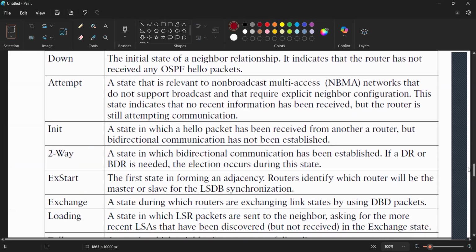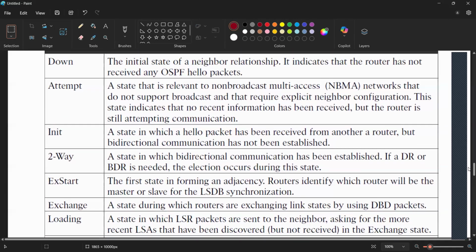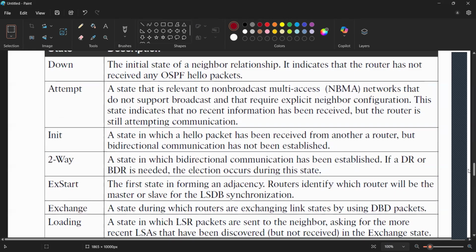Okay, about the neighborship states. That will be based on network types. So when we'll study about network types, there you'll understand.